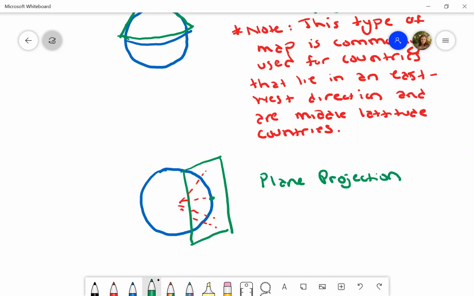The advantage of a plane projection is that distortion is uniform.